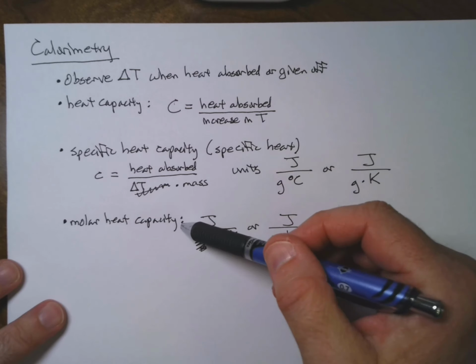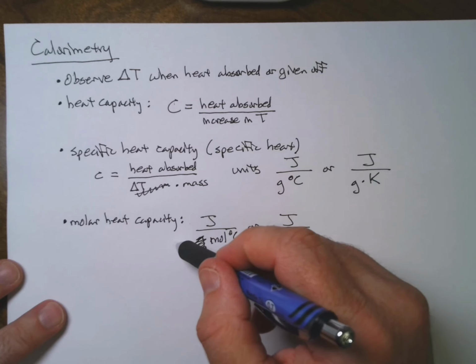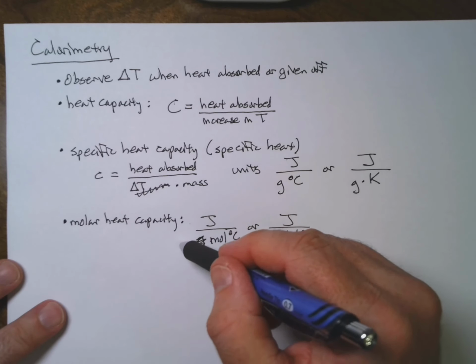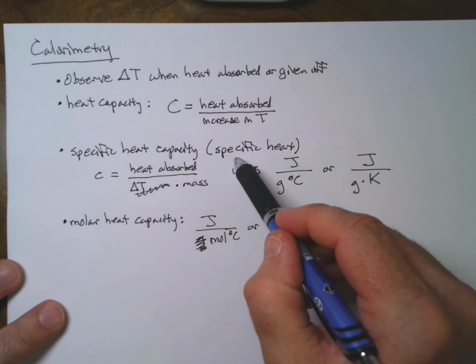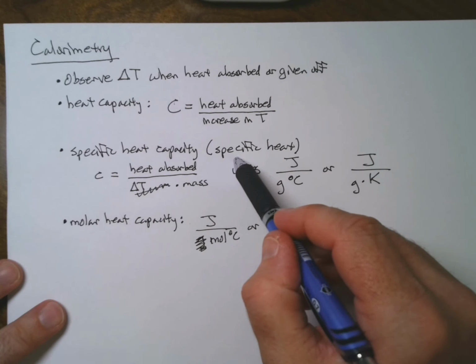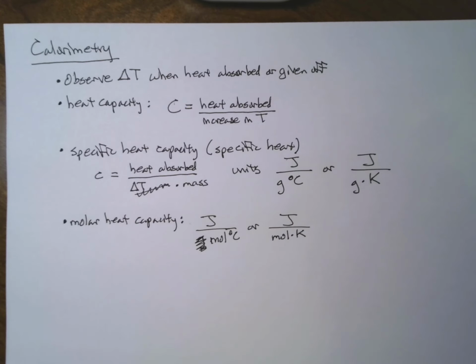Interestingly, most substances have approximately similar molar heat capacities, but they will have very different specific heats. For example, water has a relatively high specific heat of 4.184 joules per gram degree Celsius.